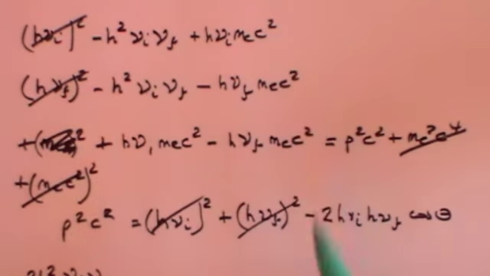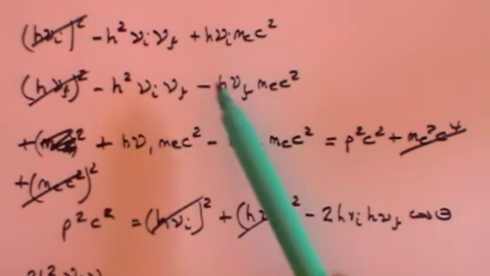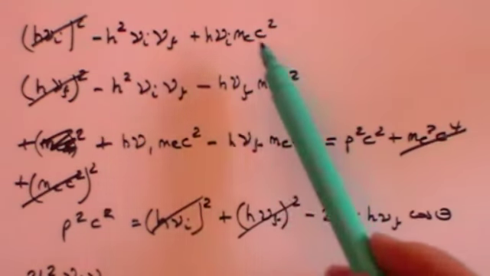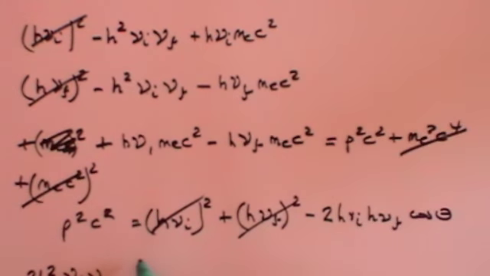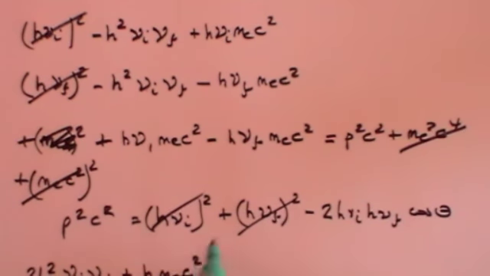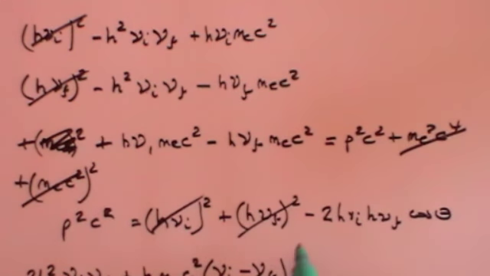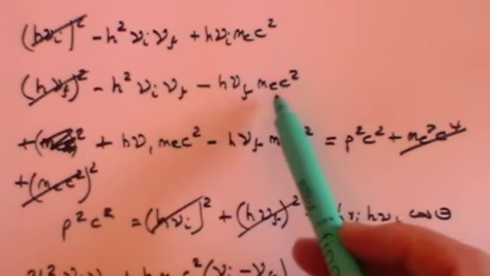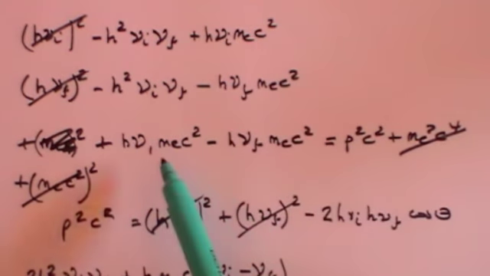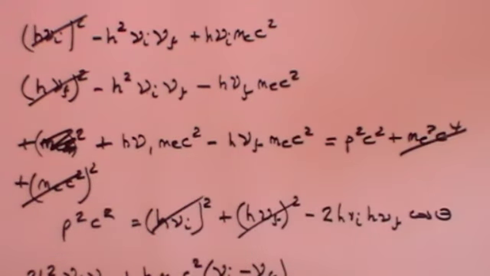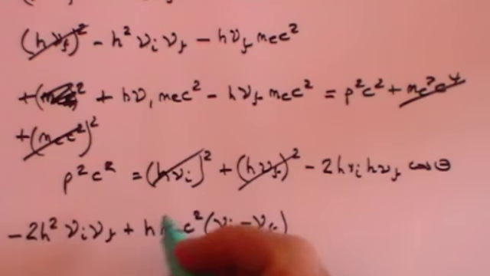And then these 2 terms here can be written as plus h mec squared into (nu I minus nu f). That's those 2 terms there. But you've got the same 2 terms there and there, so this is effectively twice.